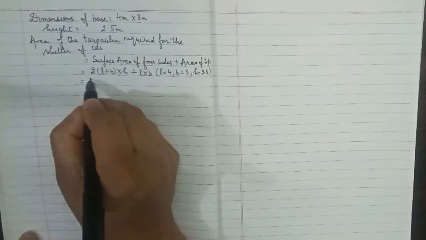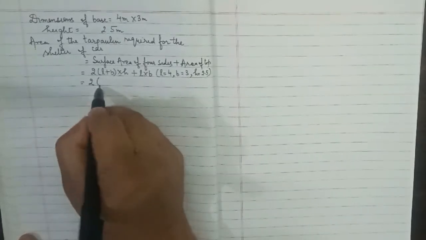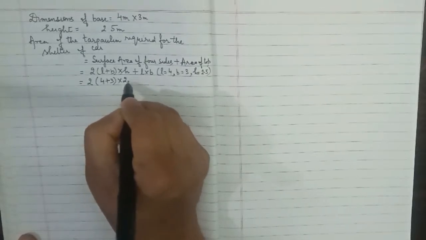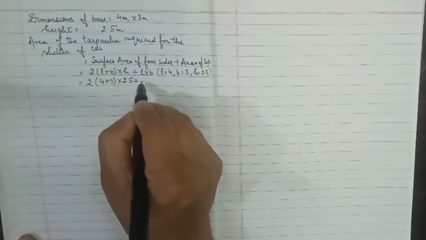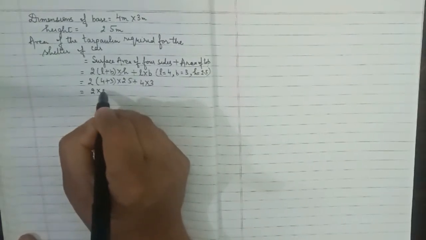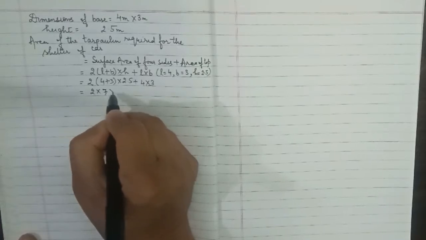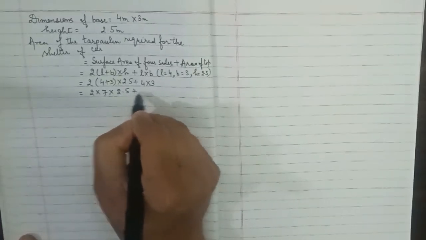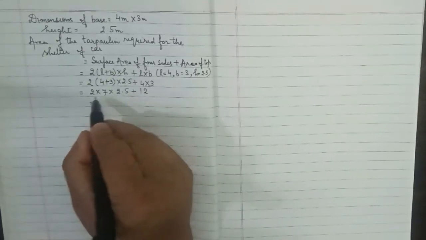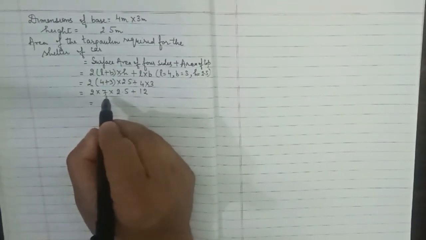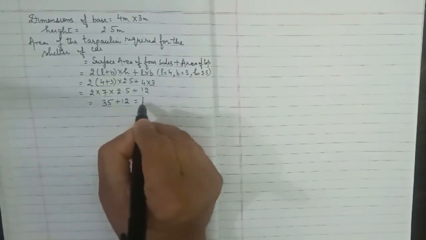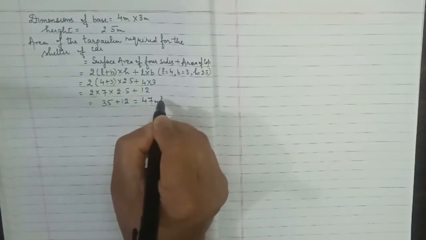Substitute the values: (4 plus 3) into height 2.5, plus L into B means 4 into 3. So this will be 2 into 7 into 2.5 plus 12, which is 35 plus 12, equal to 47 meter square.